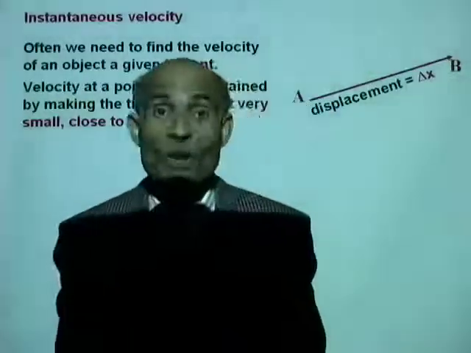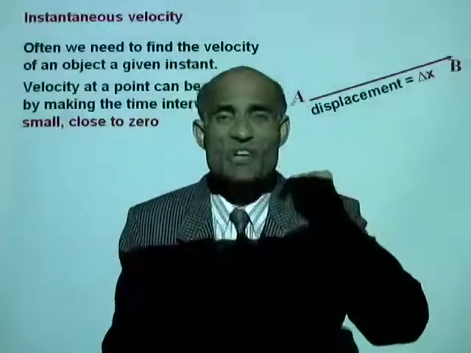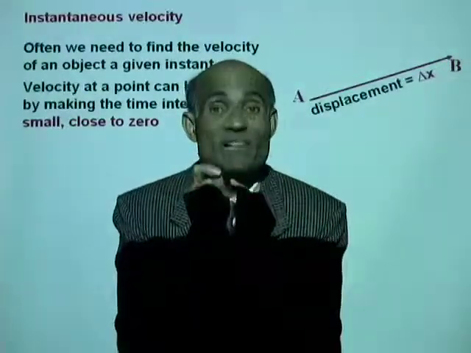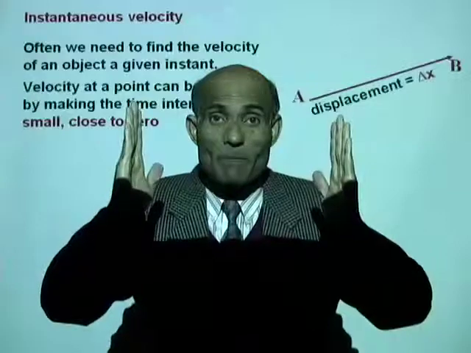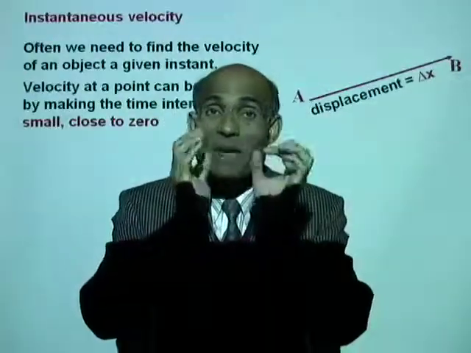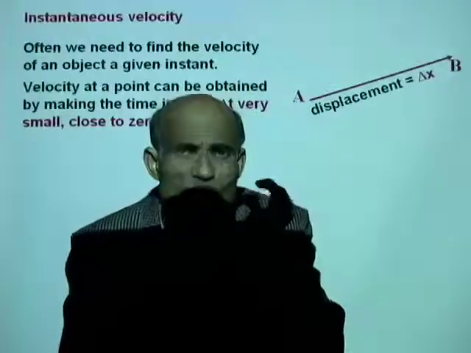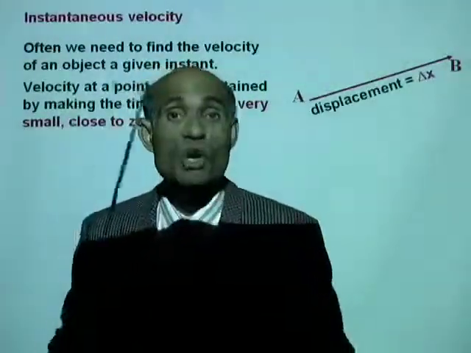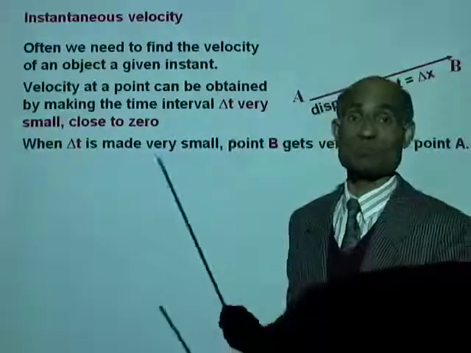You see, we want to find the instantaneous velocity, velocity at a particular instant. So what do we do? Make that time interval shorter and shorter, very close to zero. It cannot be zero, but make it as close to zero as possible.